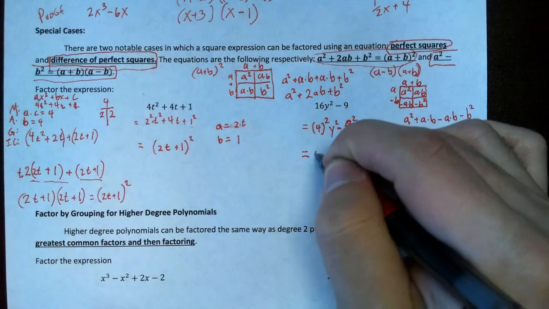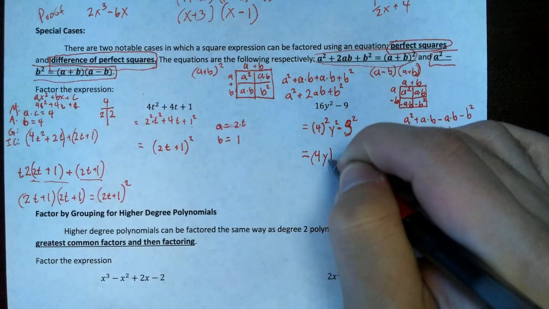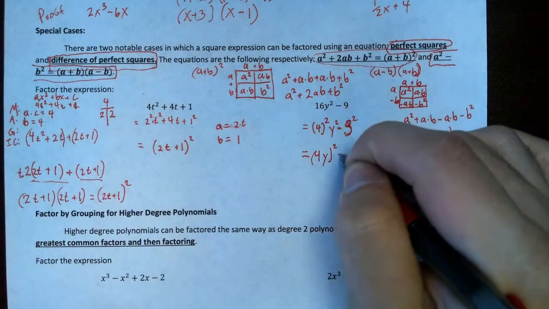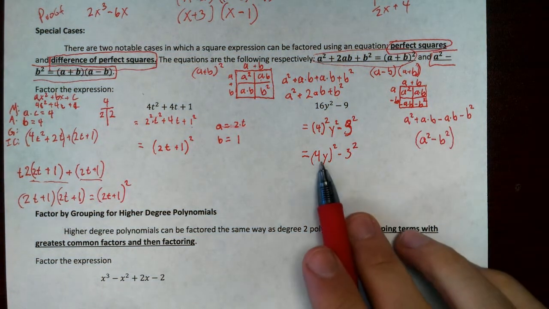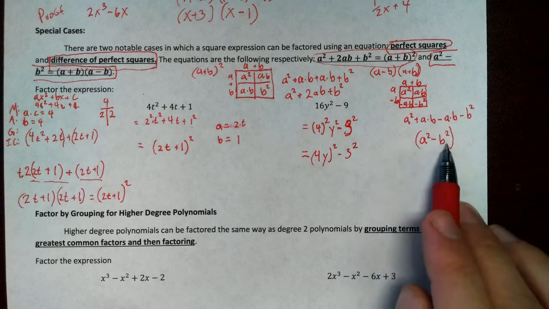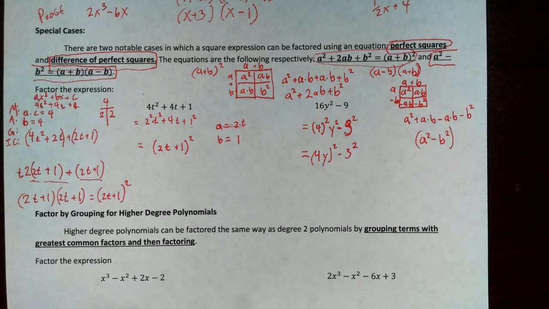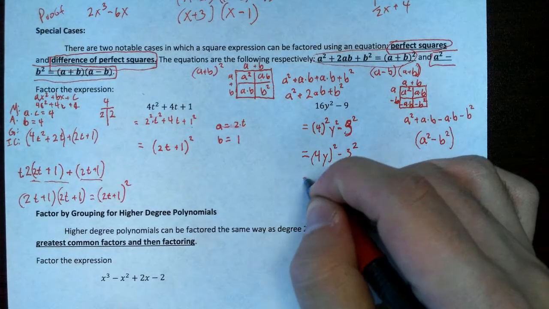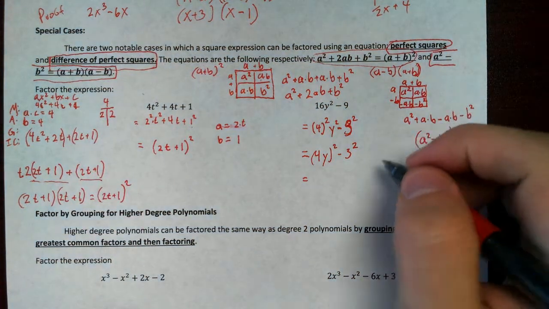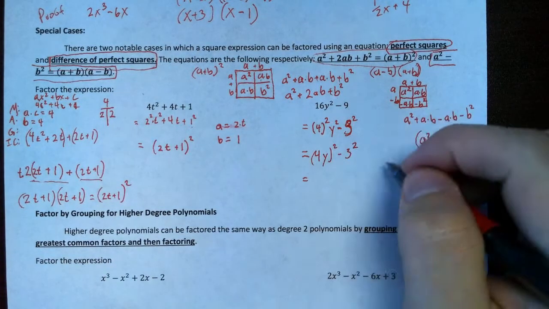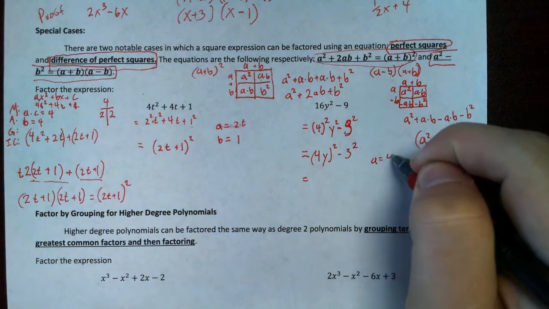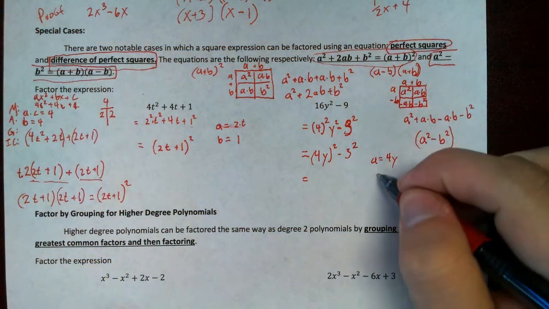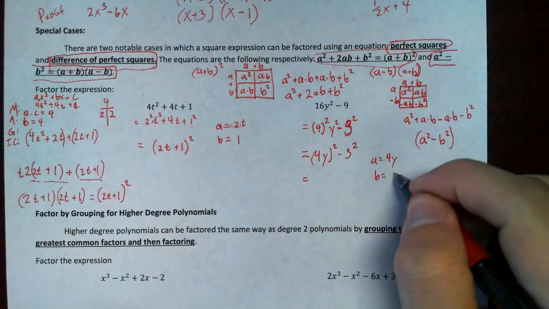Okay, and then we could say that's 4y squared minus 3 squared. Okay, in which case we can see this matching perfectly with our difference of perfect squares format. So we're going to see that here our a is equal to 4y and our b is equal to 3.